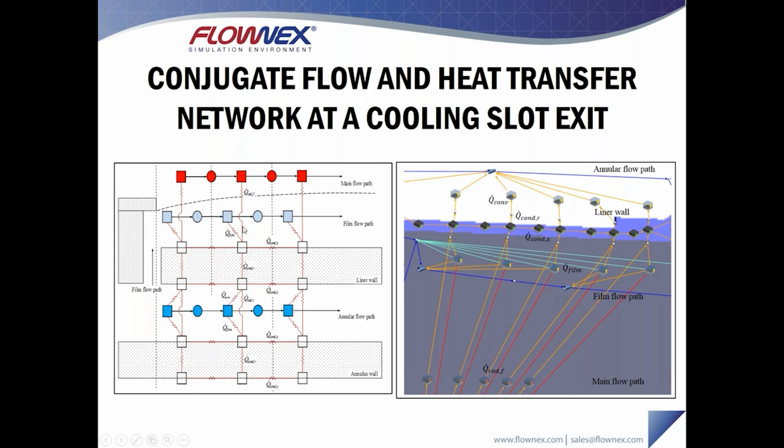We have several components here that represent the conduction through the liner wall. We have these elements right here that represent convection on the cold side, and then these components down here represent film cooling on the liner hot side, and then also radiation from the main flow path.